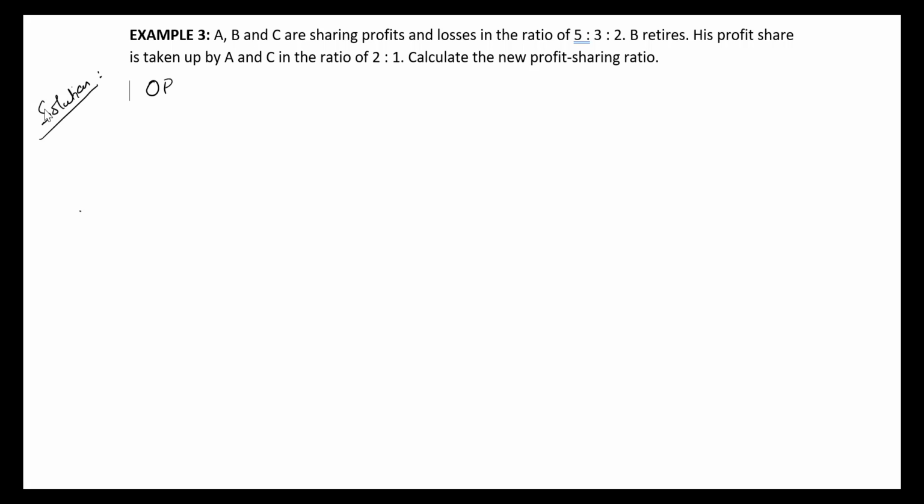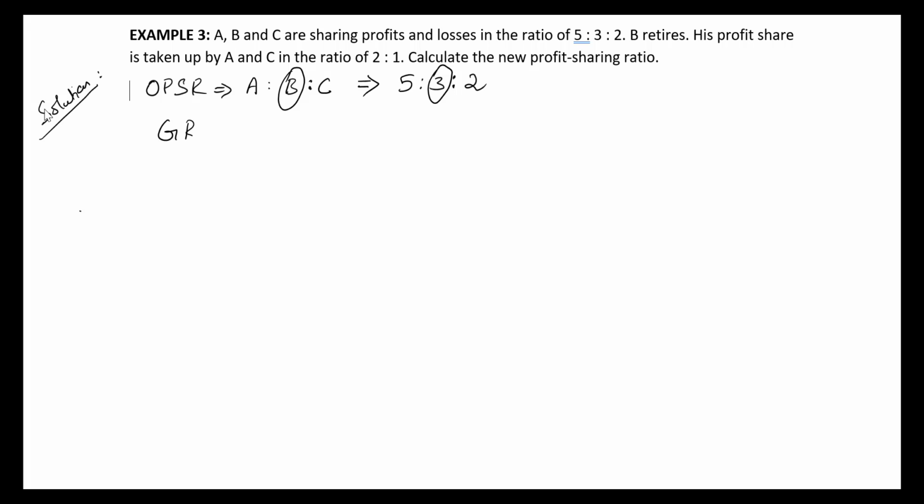As per the problem, the old profit sharing ratio between A, B and C is given as 5 is to 3 is to 2. We understand that the partner B retires and his profit share is taken up by A and C in the ratio of 2:1.